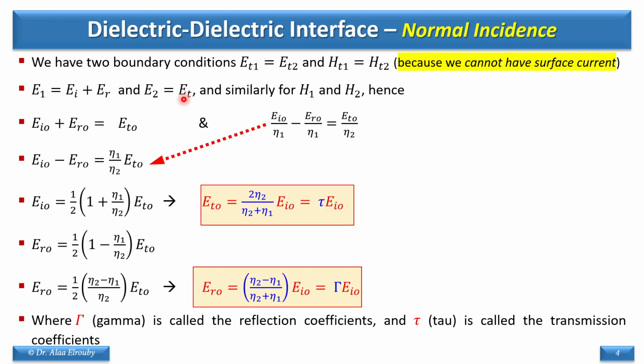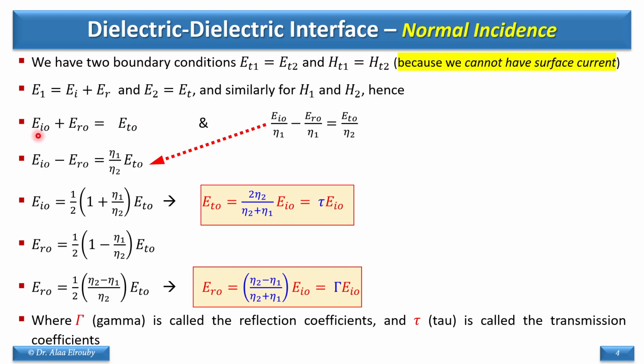And here you might be confused between T for tangential and T for transmitted, but it should be clear from the context. So E1 equals E incident plus E reflected, and E2 is the transmitted. The boundary condition for the electric field is that the tangential components must equal one another.